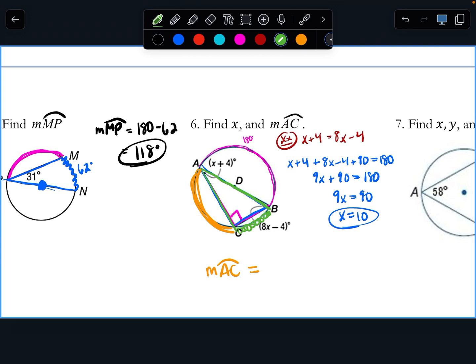See it? Because you can throw the 10 into this angle. So what is that, 14? That does not look like 14, but whatever, going with it. Double it, 28, right? And then you've got a 180 action again. So to find AC, you're going to go 180 minus 28. So 152.